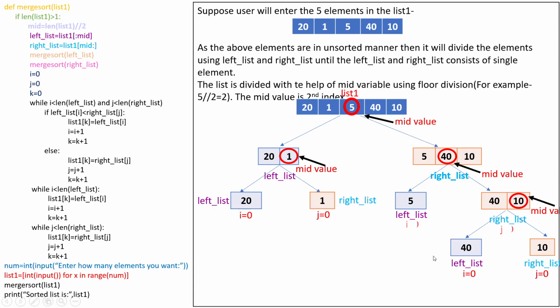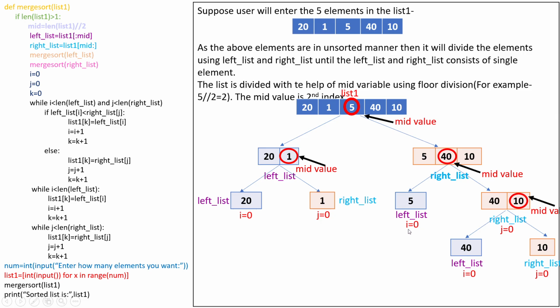Over here, i will be placed as i equals 0, j equals 0. Now this right list consists of the sorted elements like 10 and 40. Both will be compared, left list and right list.